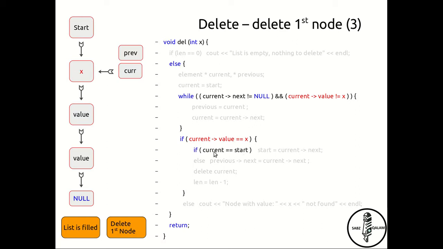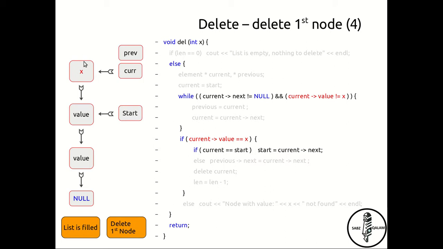If it is the first element, if current is pointing to start, then what you do is update start. Initially start is pointing to this node and this is what you want to delete. So simple, you just make start point to the second element. So start is now pointing to current's next.